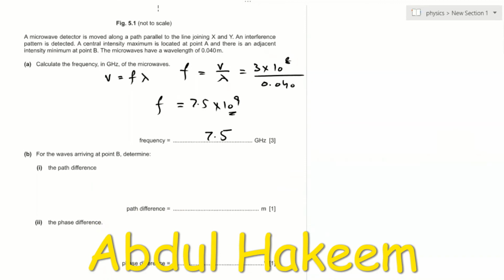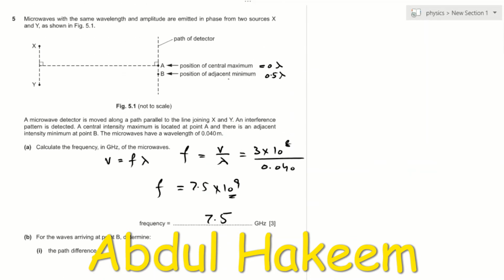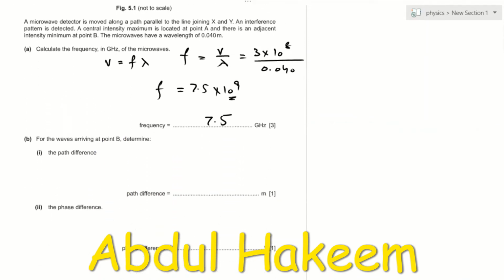Next, for the wave arriving at B, determine the path difference. So path difference for the dark spot here is 0.5. So we will write the path difference is equal to 0.5 lambda. So 0.5 multiplied by lambda 0.040.